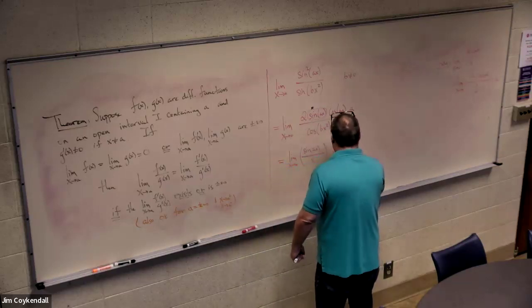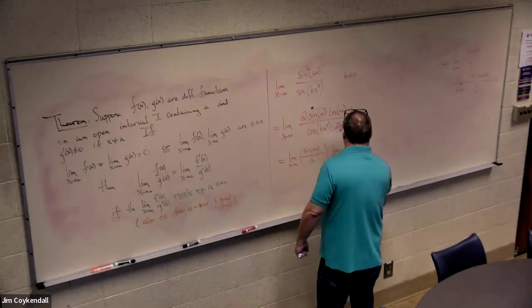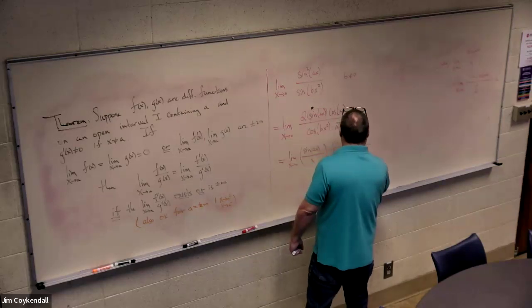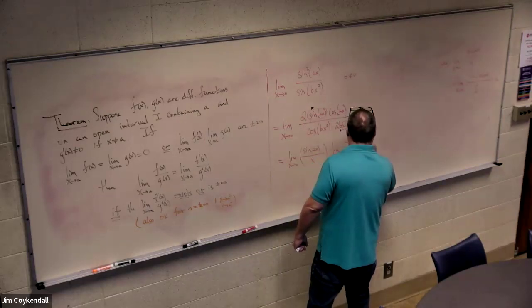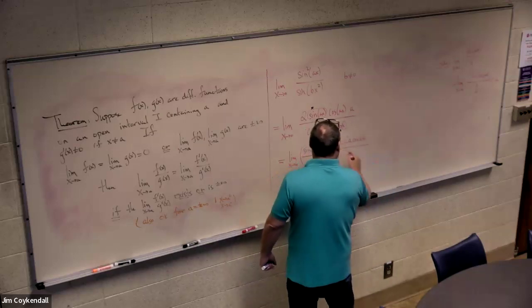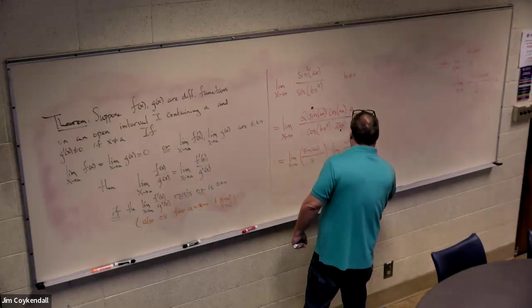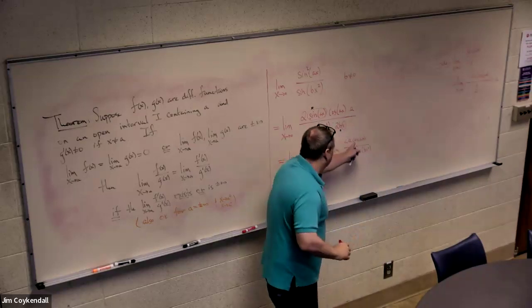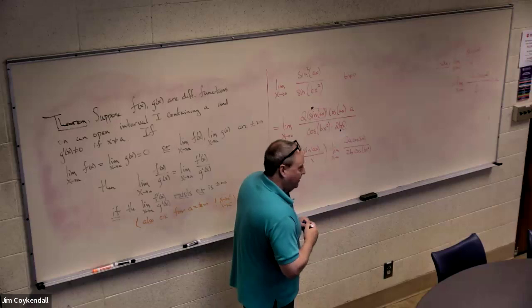On top, I get 2A cosine AX, times sine AX. And on the bottom, what do I get? 2B cosine BX, times sine BX. These are not offenders because I can just plug in.